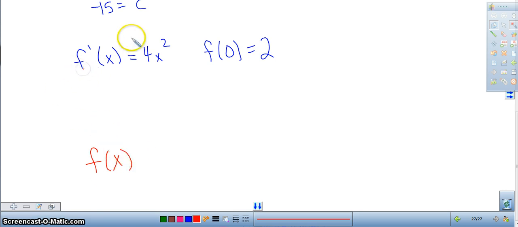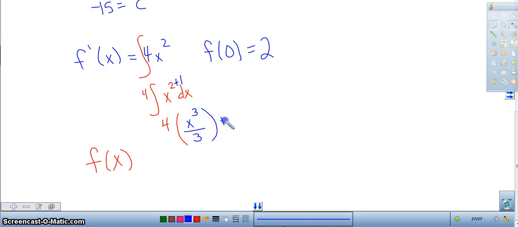So I have to integrate this side. I get 4 times the integral of x squared dx. Power rule, add 1, so you have x to the 3rd, divided by the power, over 3, plus c. That's almost my original function, but I need to know what c is. So my original function equals 4x cubed over 3 plus c.